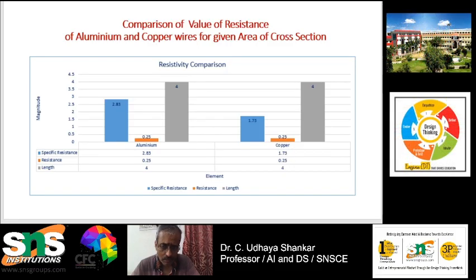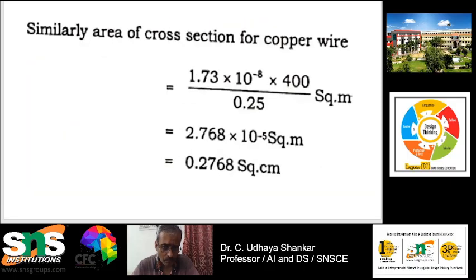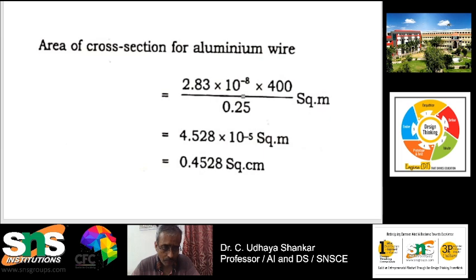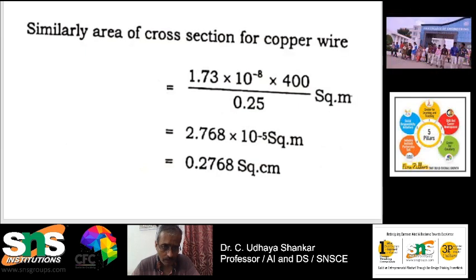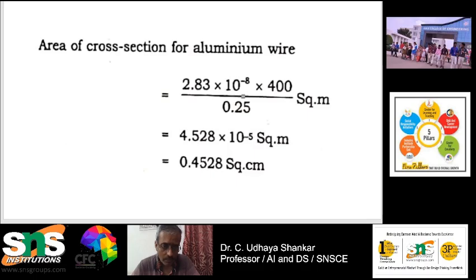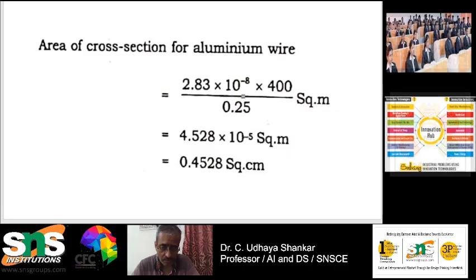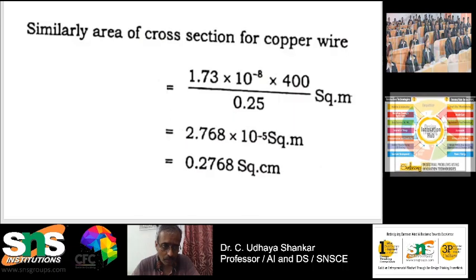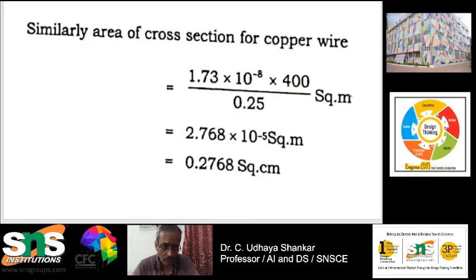So in this video I have just made a case study on how aluminum and copper wire have different areas because the specific resistance varies. And we have finally concluded that aluminum, since it has a higher specific resistance, has quite a high area of cross section. So this is the final conclusion, and this is a case study on the area of cross section of both aluminum and copper wire.